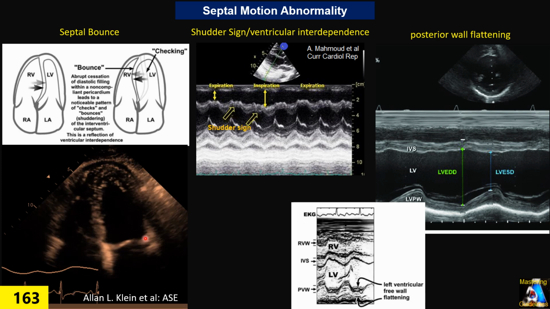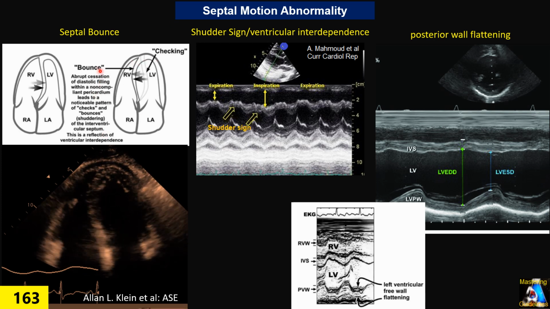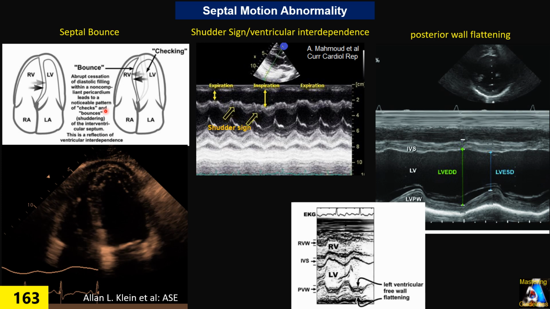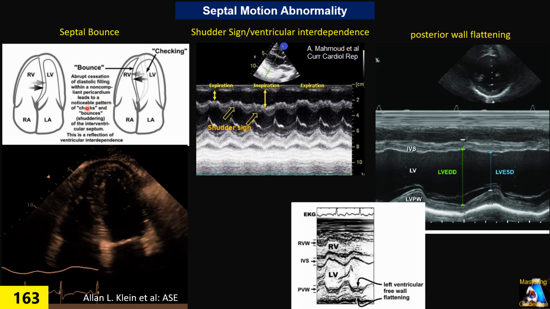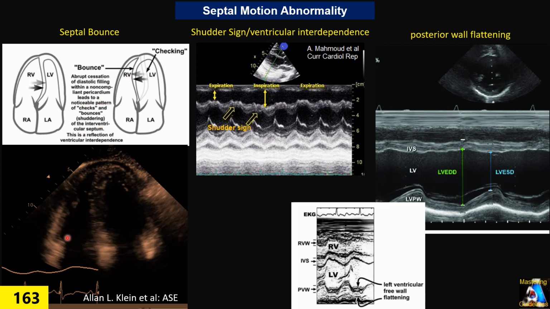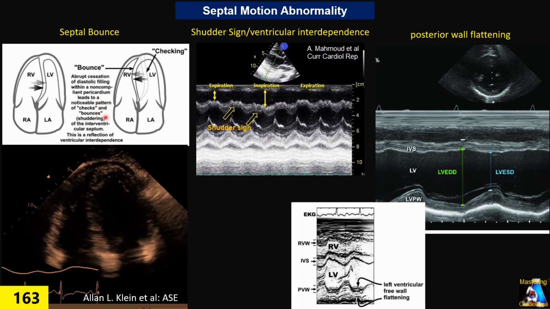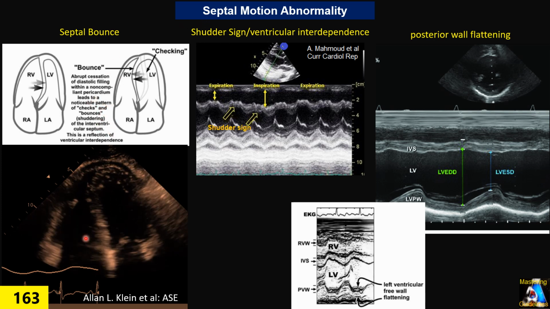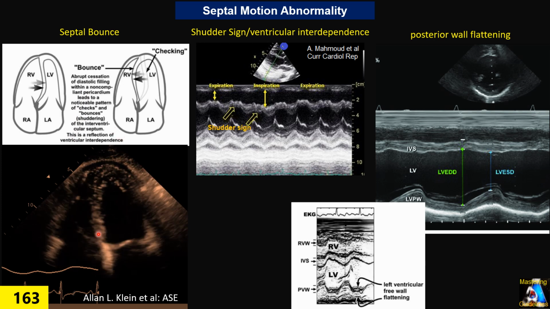I have to mention that septal bounce is not specific for constrictive pericarditis, and we can see it after open heart surgery, in mitral stenosis, pulmonary hypertension, left bundle branch block, and left or right ventricular volume overload, and so on. Even though the pattern of septal motion abnormality is a little different, this sign is not specific.